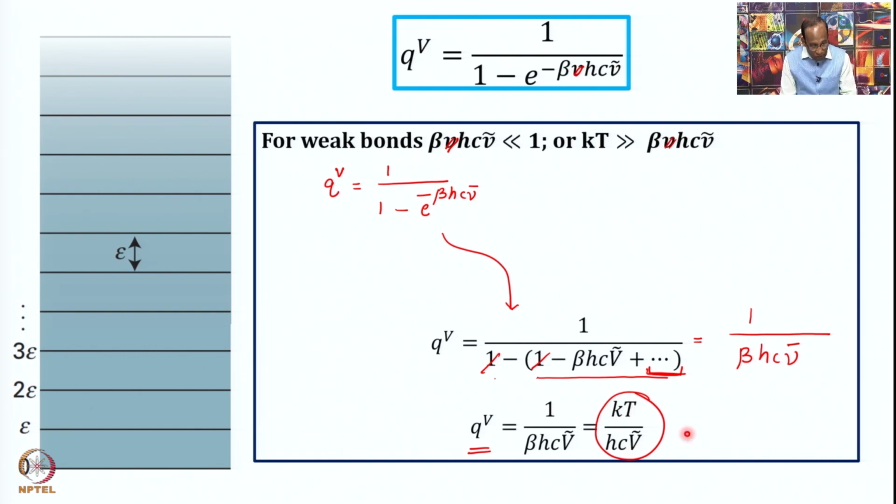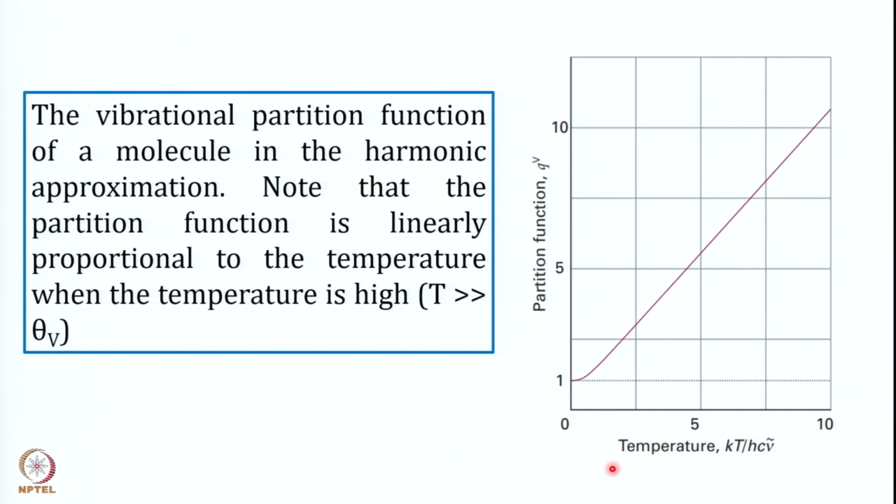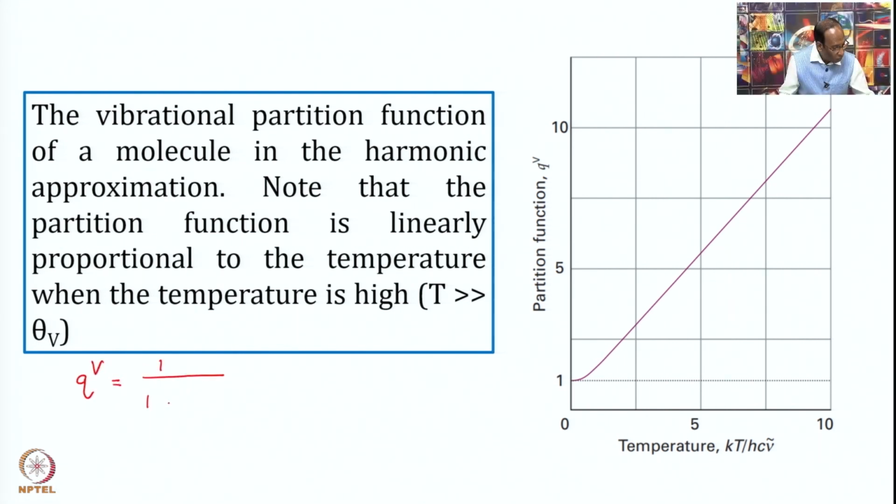When can we use this result and when can we use that result? This result can be used at any temperature, as we just discussed, but when can we use the other? We will come to what temperature can be used, but you see, if I write Q_V is equal to 1 over 1 minus exponential minus beta h c nu bar.